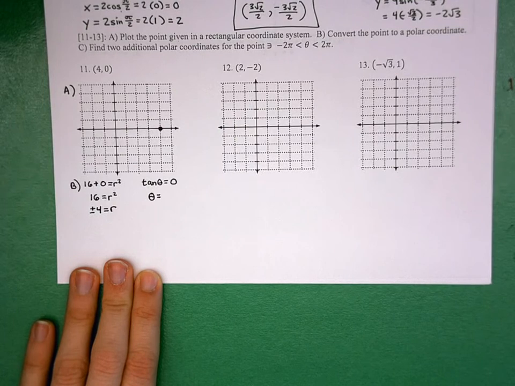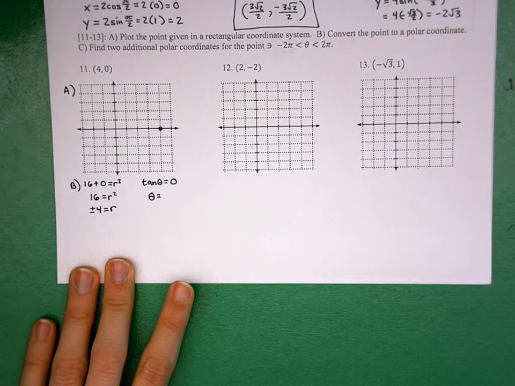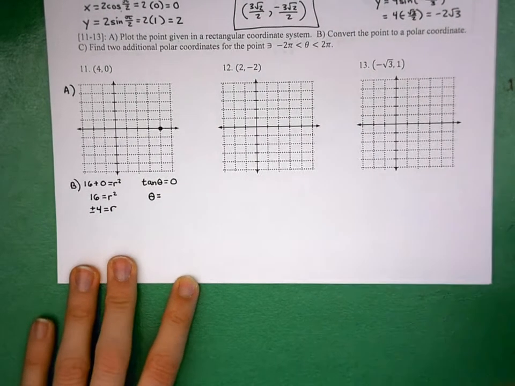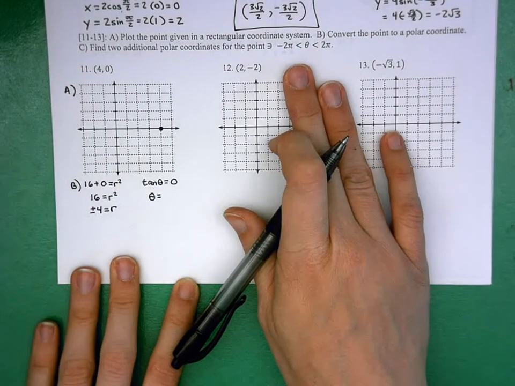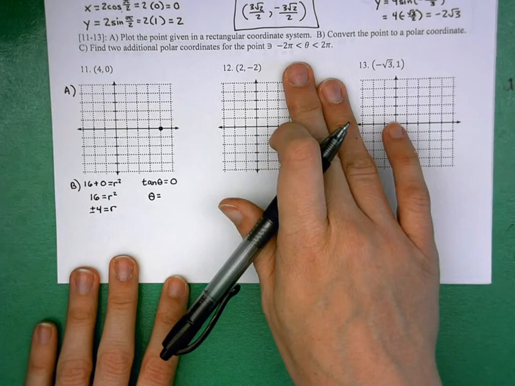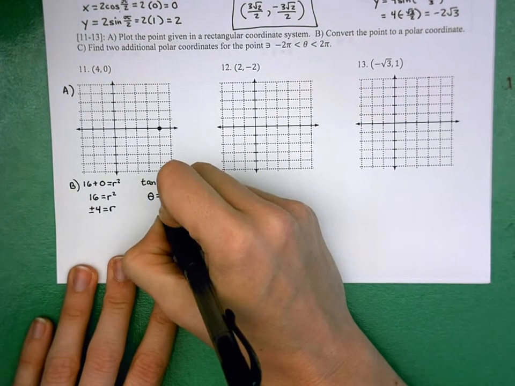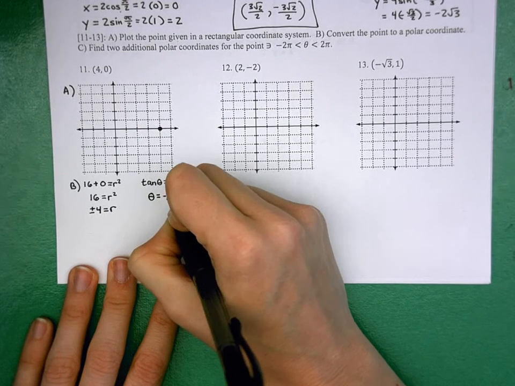Well, technically speaking, there are an infinite number of angles that give me a tangent of 0, but between negative 2 pi and 2 pi, there are 3 angle measures that give me a tangent of 0, right? Those 3 angle measures are technically speaking negative pi, 0, and pi.